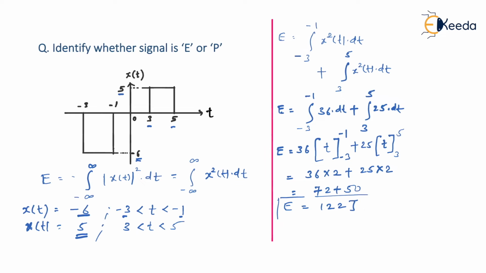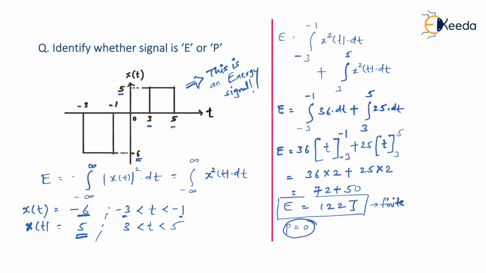So the value of energy for the given signal is 122 joules. Now if energy is 122 joules, can I say that this energy is a finite one? So energy is a finite one. And we know that when energy is finite, power is by default 0, and therefore the signal is an energy signal. So this is the conclusion that this is an energy signal.